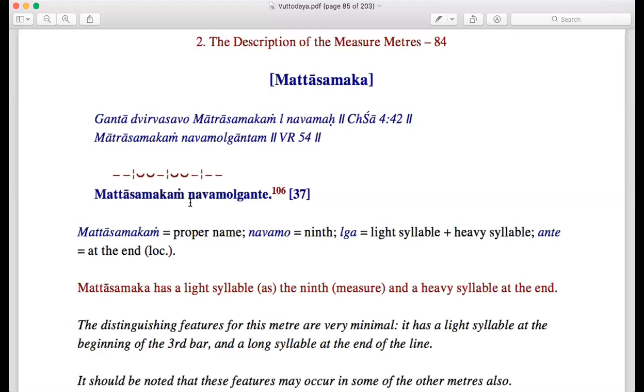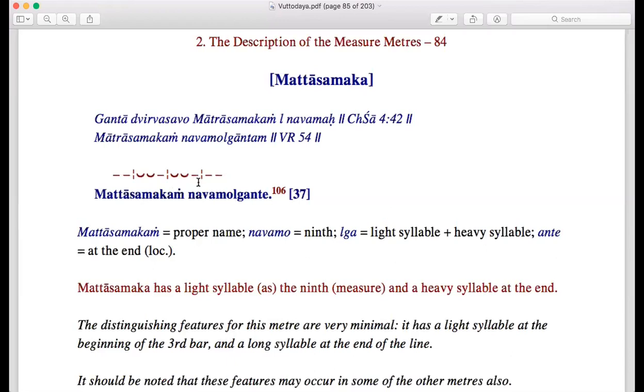You see, the 9th measure is a light measure. That's why we say the 9th measure should be a light measure. Kang is a heavy measure, mang is a heavy measure, and there are other heavy measures also. Mat is heavy, ta is heavy, but here the 9th measure is light. So that was the rule.